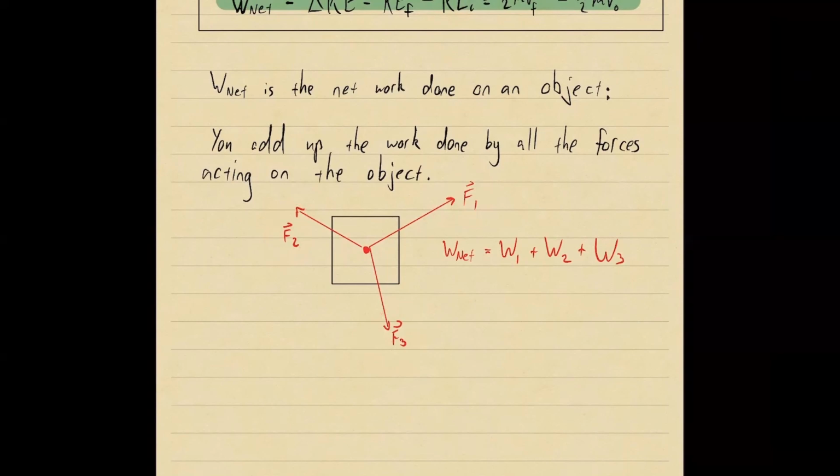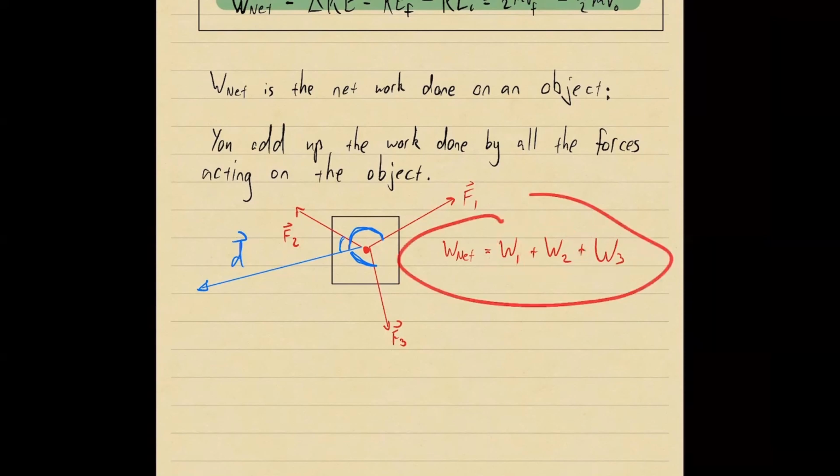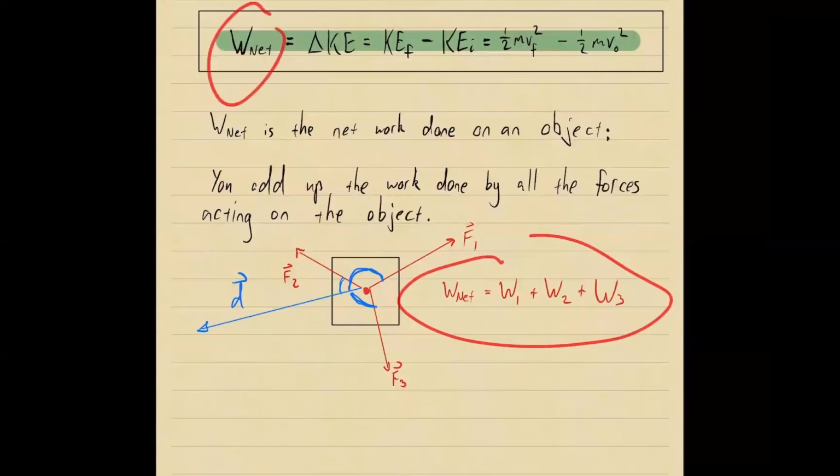So if we end up learning that the box ends up being displaced this way, for example, then we can calculate all these different angles between our forces. And then we can actually calculate the work done by each of these forces. And then the net work is when you just add all of them together. So that's all that this term right here is saying.